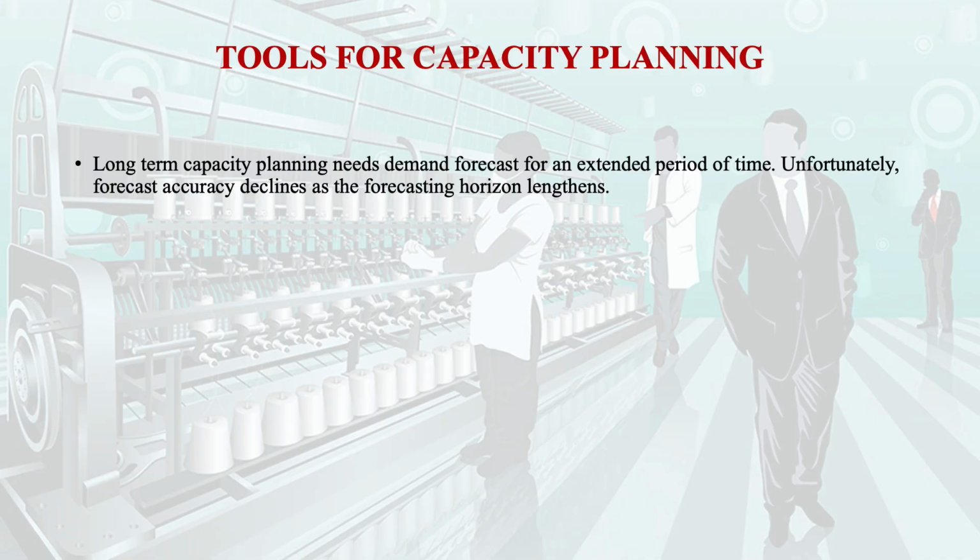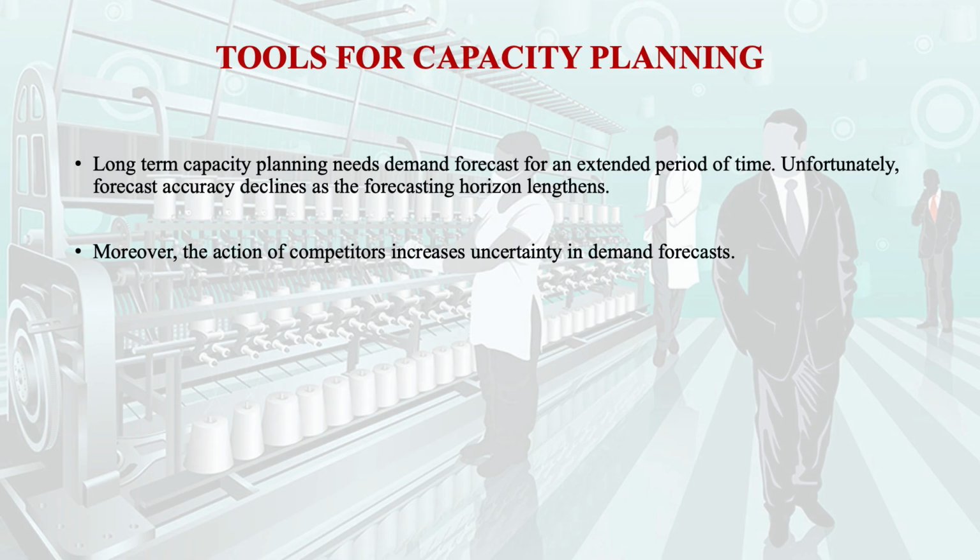Now, what are the tools for capacity planning? We have a short-term plan, a medium-term plan, and a long-term plan. So we have to see what the different tools available for capacity planning are. Long-term capacity planning needs demand forecasts for an extended period of time. Unfortunately, forecast accuracy declines as the forecasting horizon lengthens.